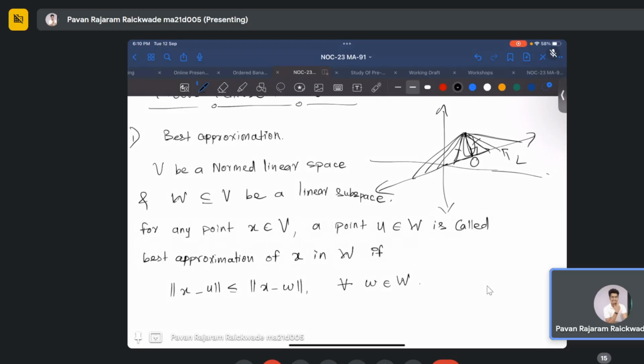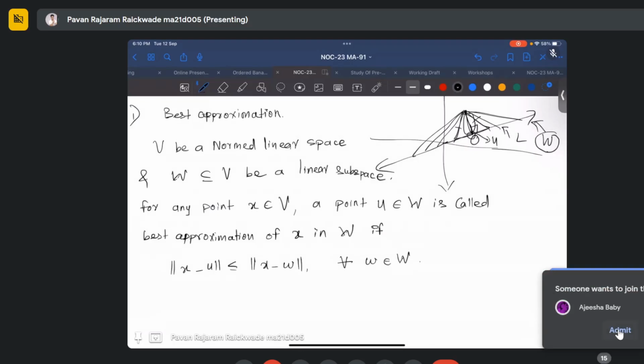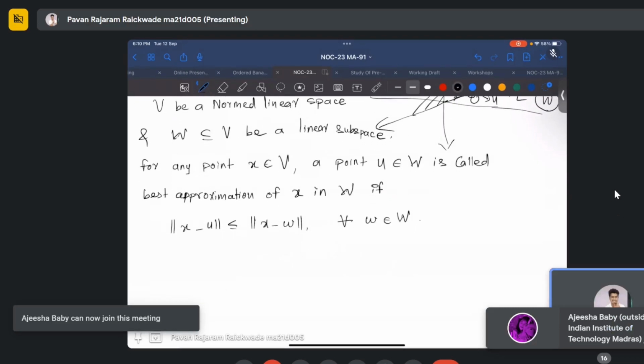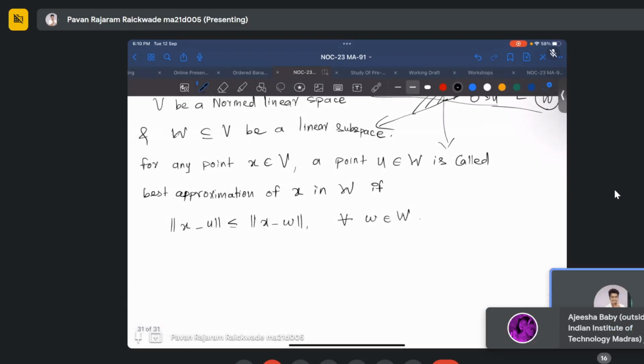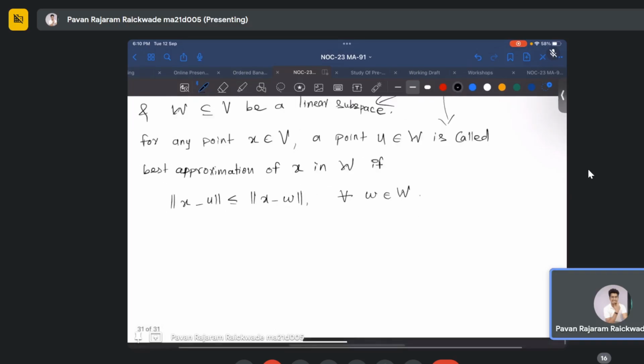This is what we are doing. This will be your point u. In this case, W is the subspace. This problem is called finding a best approximation of a point in a space. Okay, is this definition clear to everyone? What we are doing? Yes, yes. Okay. So now let's go further.